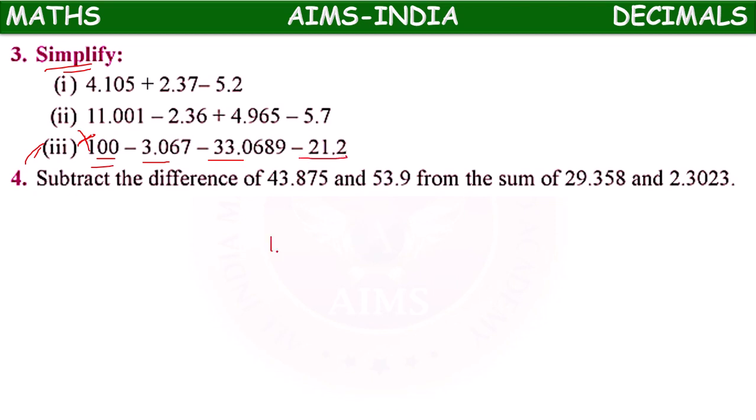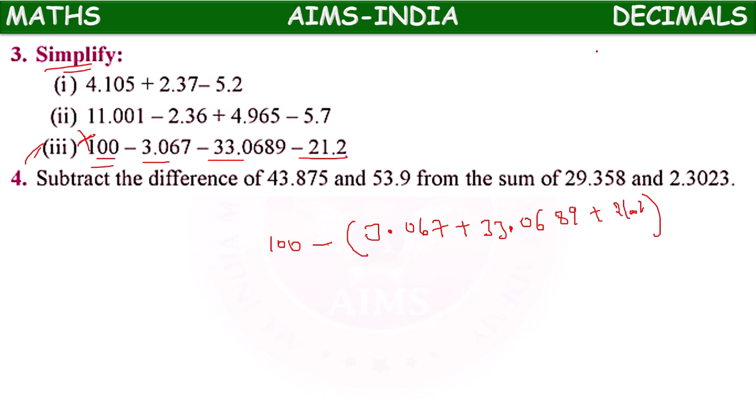What we can do? 100 minus, remaining 3 we can take minus common, so they will become positive. 3.067 plus 33.0689 plus 21.2. So first we have to add all this.